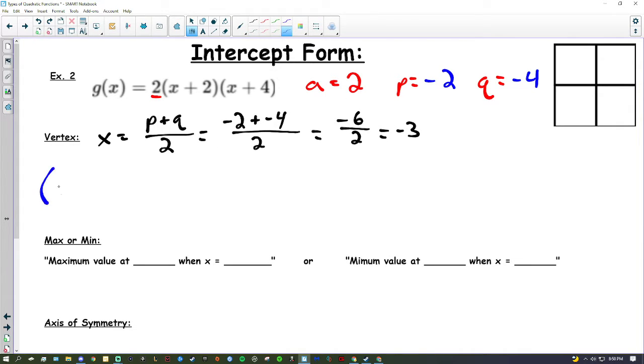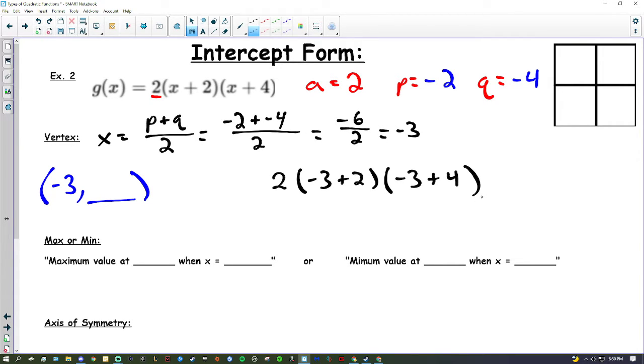This is only half of it. We need the other half. Only way to find the other half is to plug this back into the original. So we have 2 times, plug in your negative 3, whip out that calculator and get clickety-clacking. 2 times negative 3 plus 2, make sure you have all your parentheses, times negative 3 plus 4.